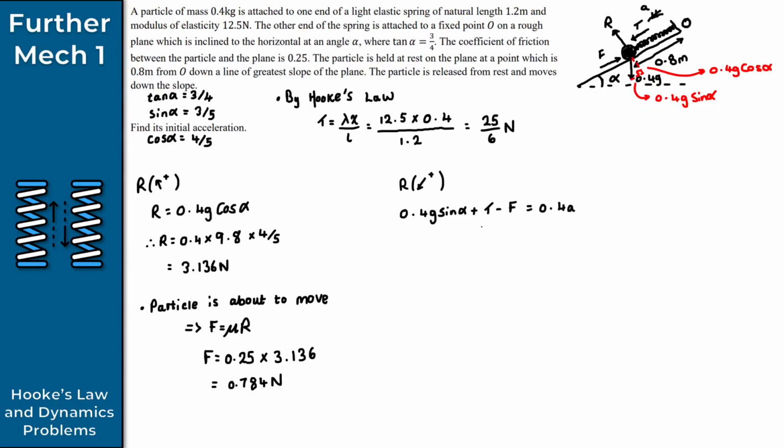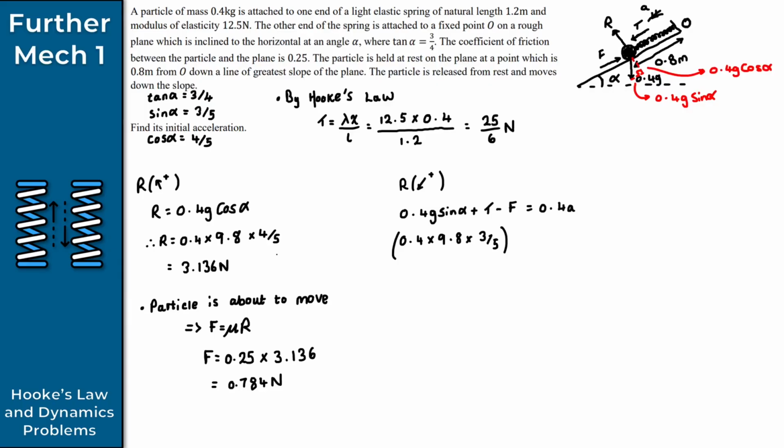Perfect. Okay. So again, let's just substitute in as appropriate here, right? We know what sine alpha is. That's 3/5. We know what T is. We evaluate that here. We know what F is. We've just evaluated that here. So we've got everything that we need now, right? So I've got 0.4 times 9.8 times sine alpha, which is 3/5. So what I'll do here then is just put all of this inside a bracket, like so.